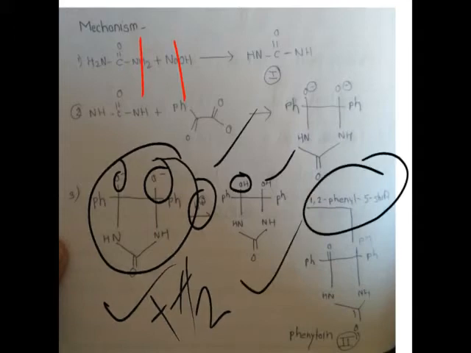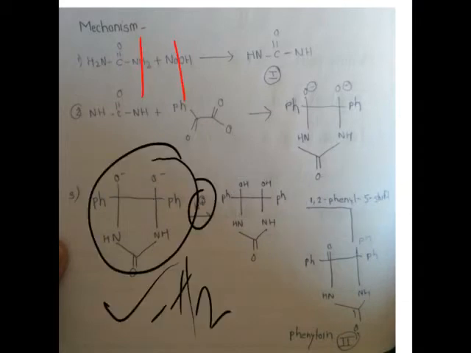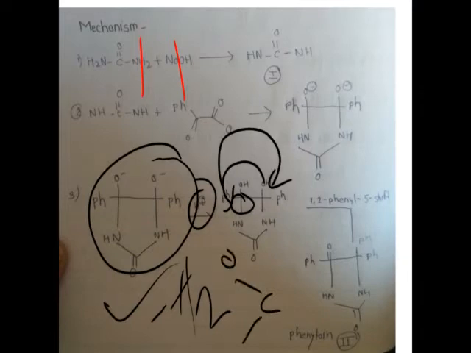And finally, the shifting of the phenyl group takes place. That means this phenyl group is shifted to this carbon, and this hydroxy group is shifted to this carbon. Now this carbon will have two hydroxy groups and another carbon will have two phenyl groups.